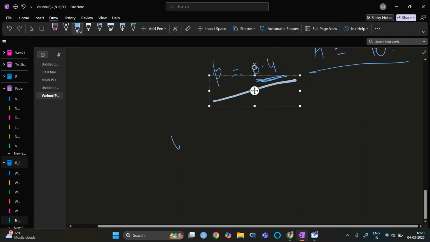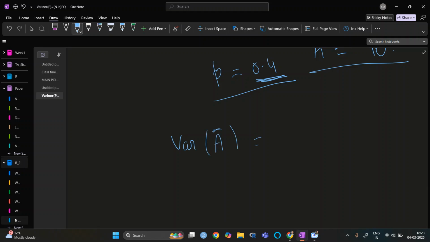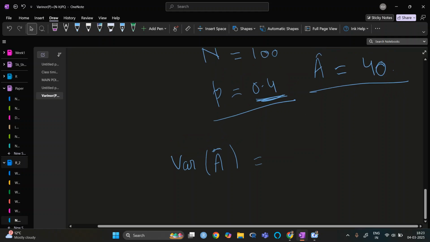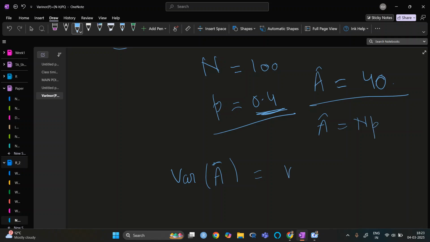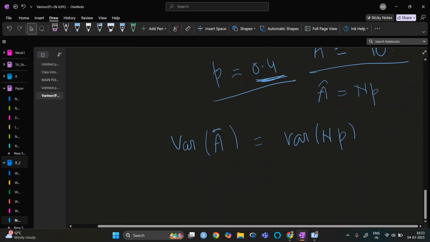Okay, so here if we say the variance of A cap, what will be the variance of A cap? A cap is basically np. So it will be the variance of np, right?